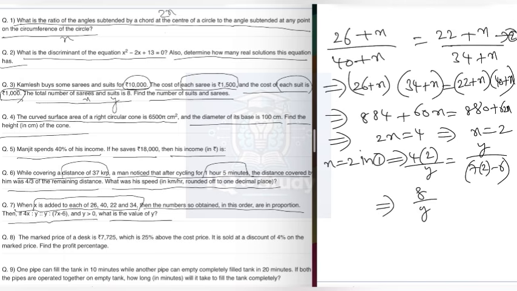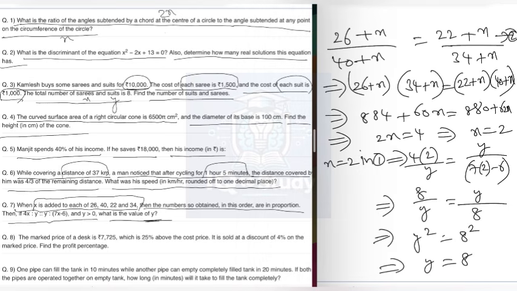So 8 by y is y by 8. That means y square is equal to 8 square and y is equal to 8. So the value of y is 8.